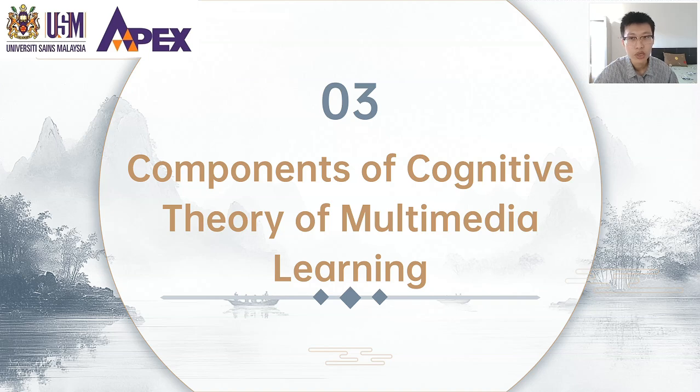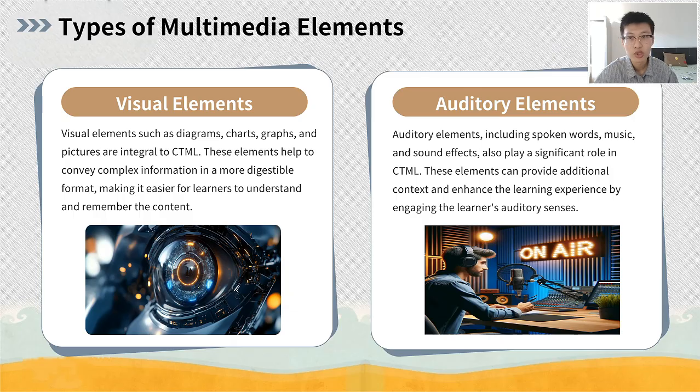The chapter 3, components of the cognitive theory of multimedia learning. So the types of multimedia elements are visual elements and auditory elements. Visual elements such as diagrams, graphs, and pictures are integral to CTML.